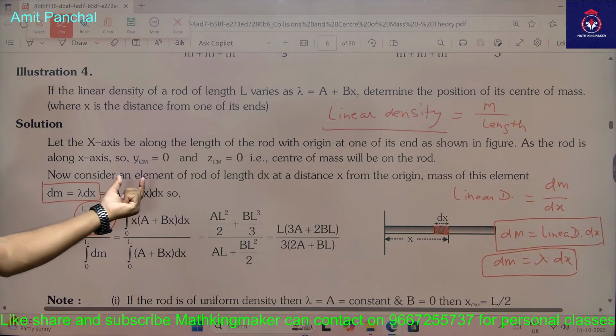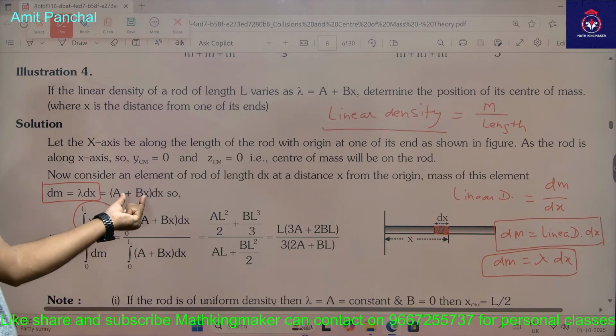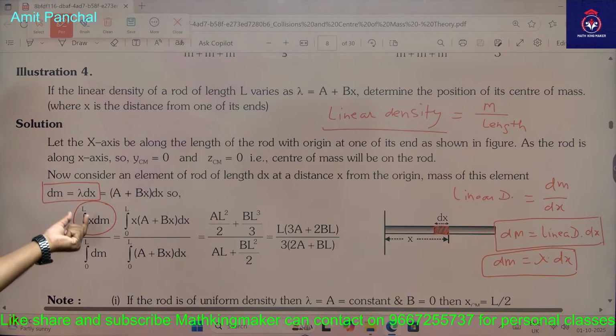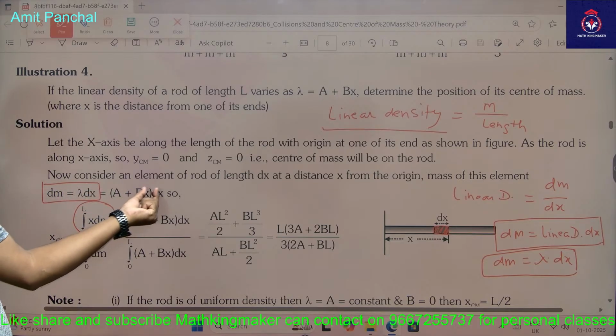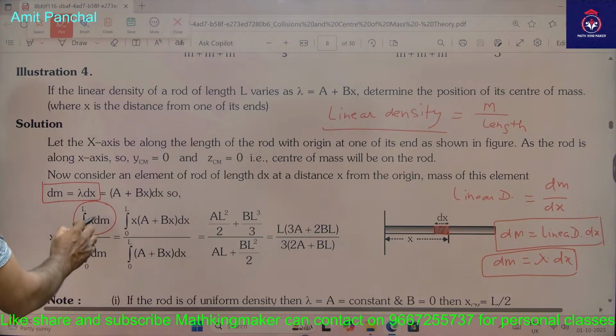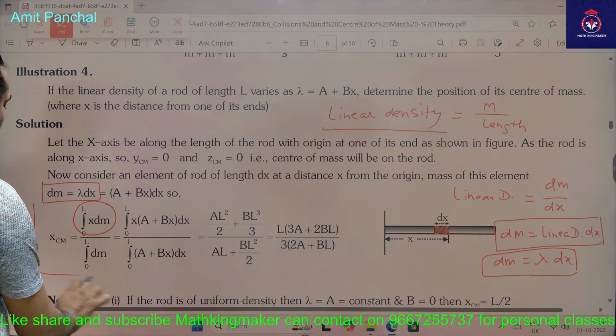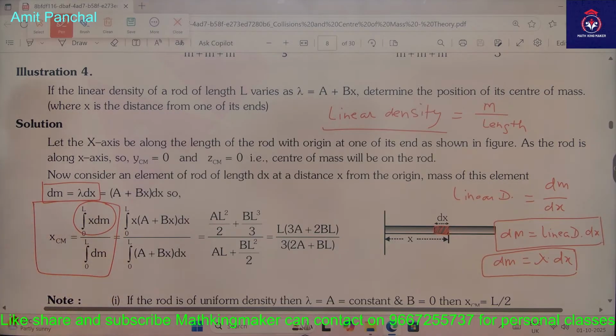So in place of lambda we put a plus bx, and dm now becomes (a plus bx) dx. And this is your formula of center of mass. Whenever linear, surface or volume density is given to you, you can go according to this one.